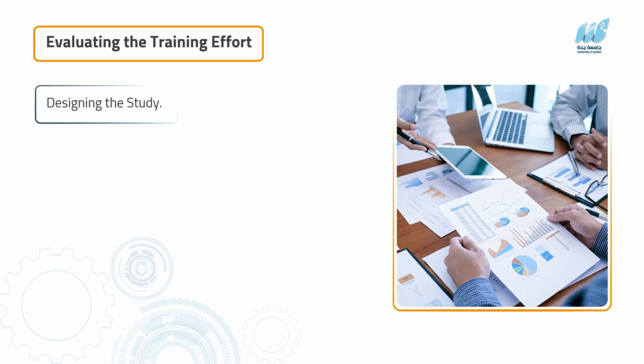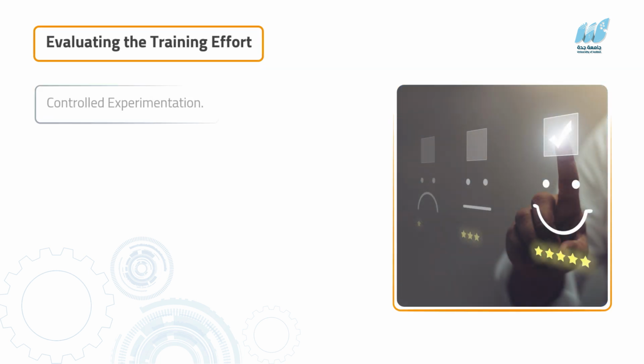Designing the study. In deciding how to design the evaluation study, the basic concern is this: how can we be sure that the training caused the results that we're trying to measure? The time series design is one option. Controlled experimentation is therefore the gold standard. A controlled experiment uses a training group and a control group that receives no training.